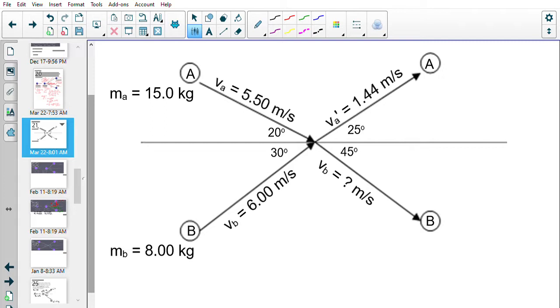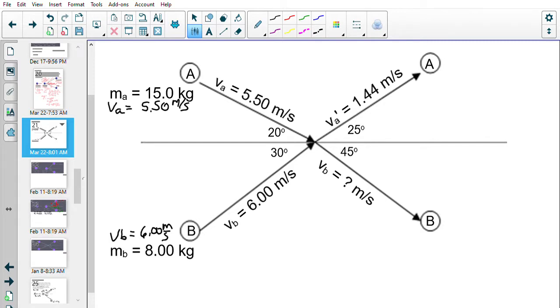So if we set up, you have 15 kilograms as the mass of A, and you know its initial speed is 5.5 meters per second. Object B is 8 kilograms. Its velocity is 6 meters per second.